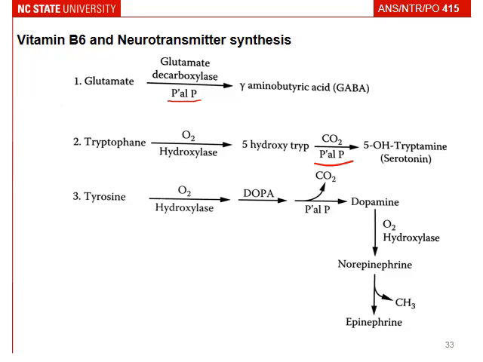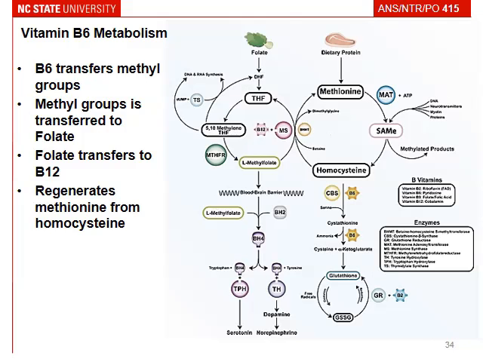In addition, utilizing our tyrosine to make our dopamine, which is then converted to norepinephrine and epinephrine, we also require our B6. So our vitamin B6 is involved in transferring the methyl groups around, just like folic acid and our B12. The one thing that's missing from this picture is it did not mention the B6 that's required for going from THF to the 5,10-methylene THF.